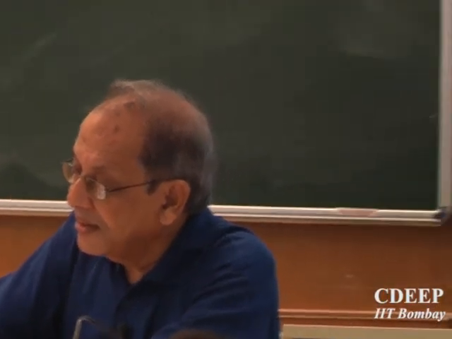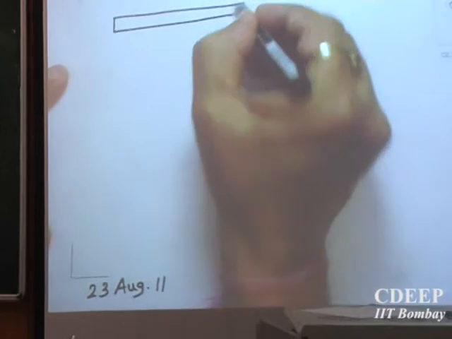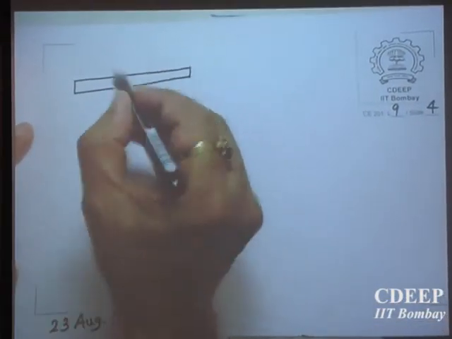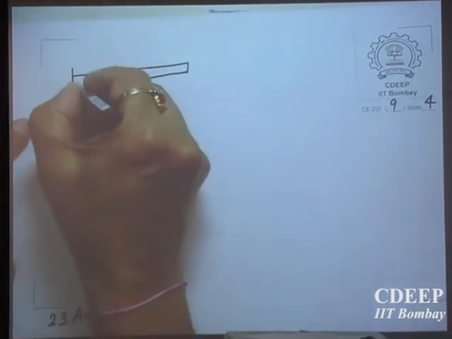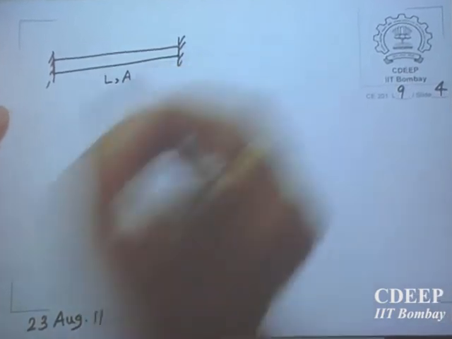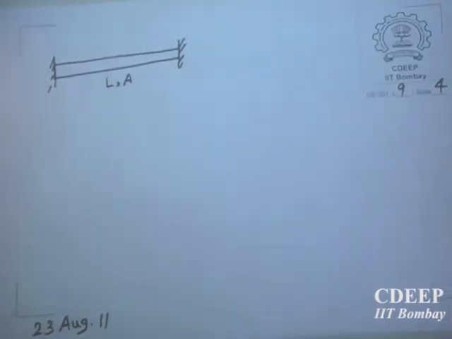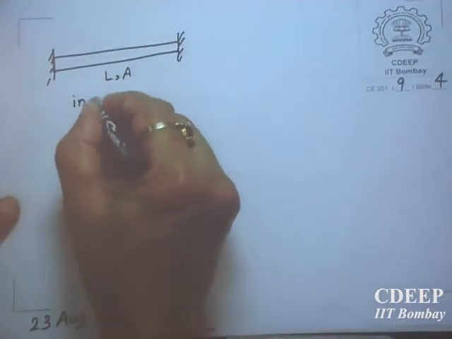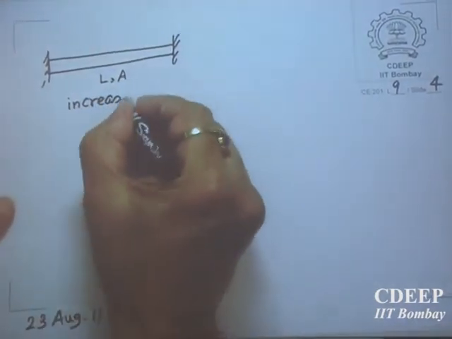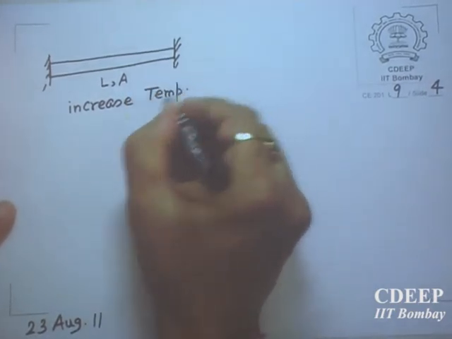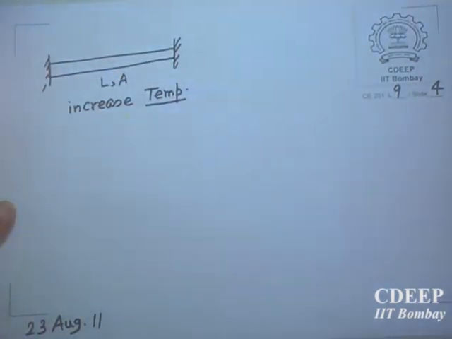Same rod of cross section A, length L. Simple problem again. Both ends are fixed, so it is constrained. I increase the temperature of this total rod, put it in a fire or a furnace.